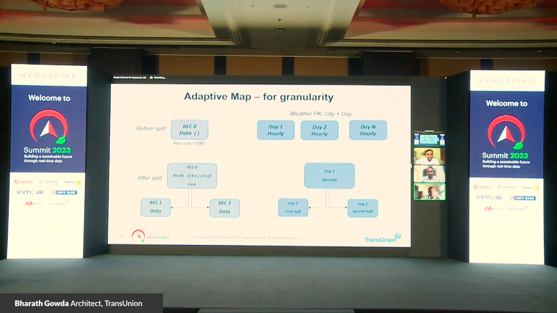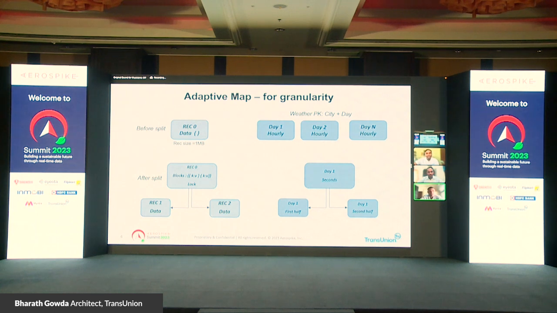So we were looking for different libraries, and as I said, one of the requirements was to scale out a record to hold an unlimited number of data points. We also had a similar design in mind, and when we reached out to Aerospike, they shared their own library, which is the adaptive map, which was doing a similar thing. It is not commercialized, so there is no support, but we took their source code, enhanced it, and customized it to our requirement.